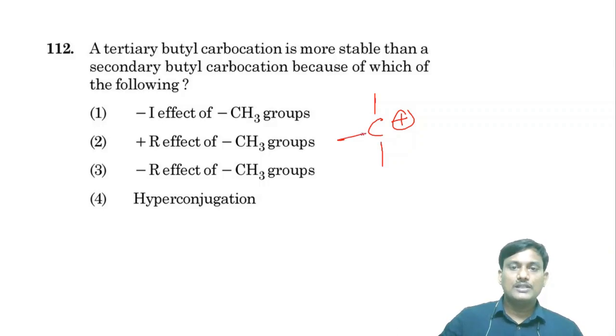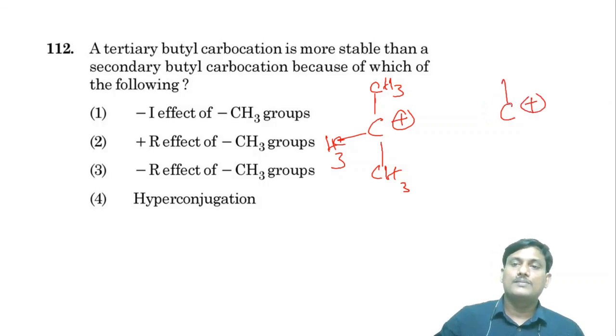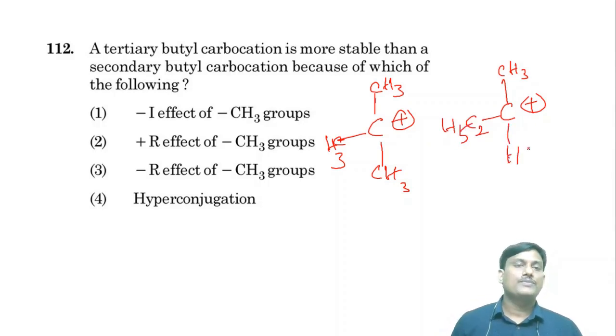This is the tertiary butyl carbocation, and this is the secondary butyl carbocation, with CH3, C2H5, and H attached. This one is the secondary butyl carbocation.